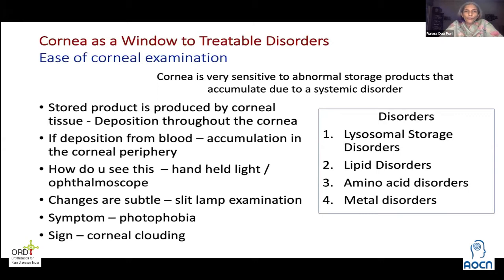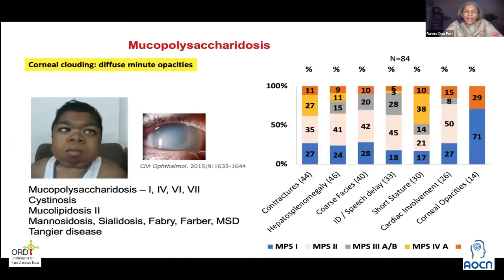And there is a group of disorders where abnormality of the cornea gives us a clue. We start with the most common, which is mucopolysaccharidosis, where we have corneal opacity. You know that this occurs in type 1 significantly. In type 2, you might see some by slit lamp examination, but not by the naked eye. Type 4, 6, and 7.